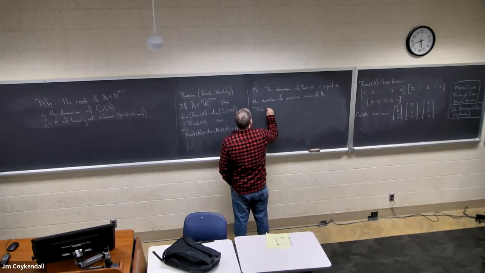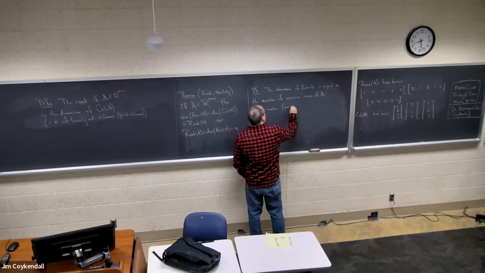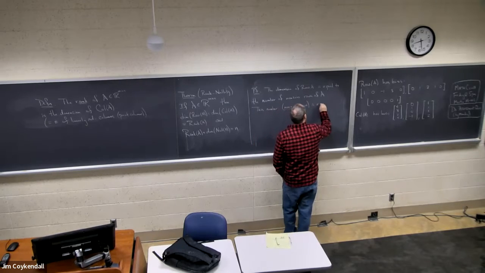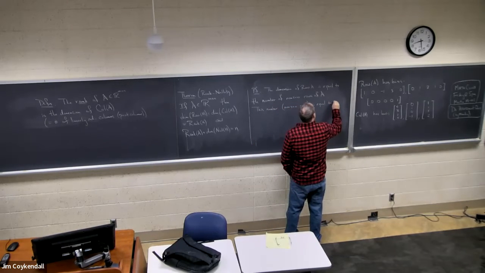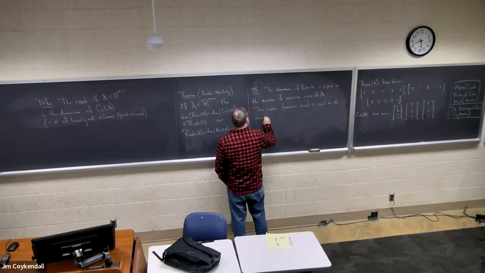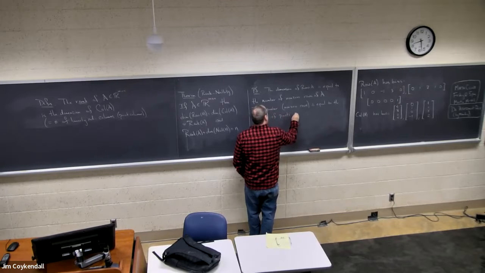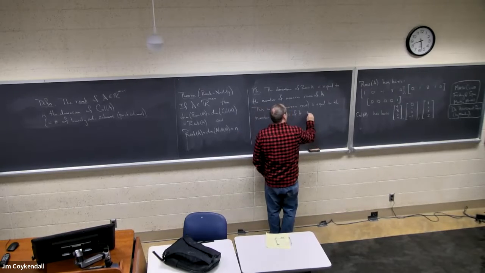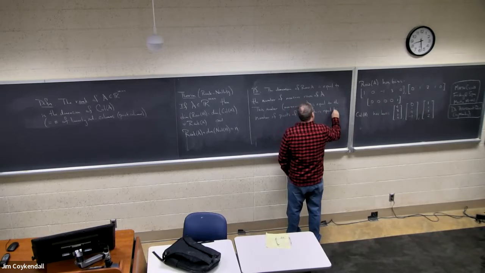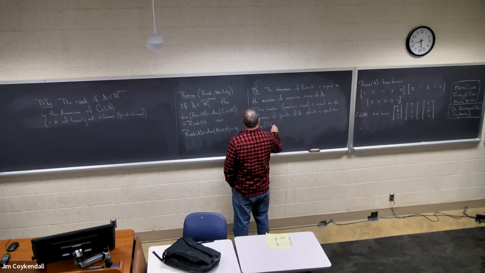This number, the number of non-zero rows, is equal to the number of pivots, which is equal to the dimension of the column space.